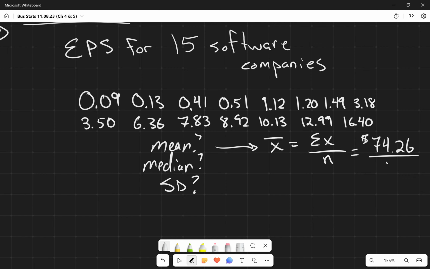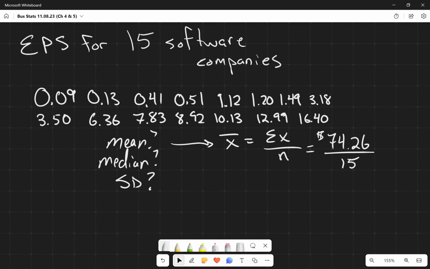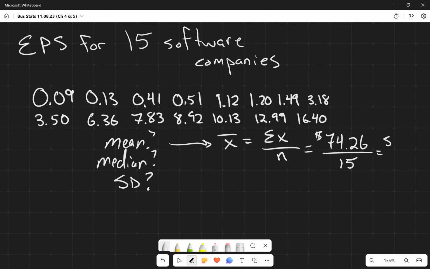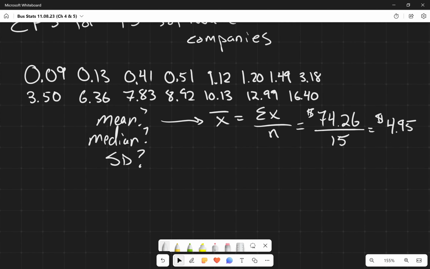We divide by 15, and we get an average earning of 4.95. We look at the data set, and there are a lot of zero values, a lot of values close to zero, but also some values above 10. So this does make sense. It passes the smell check, the sniff test.